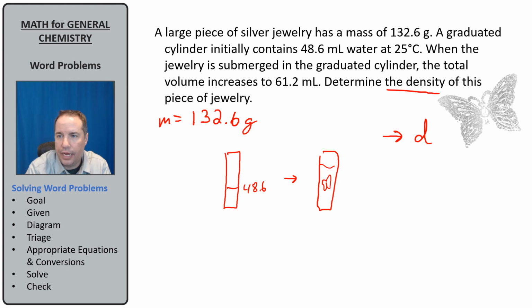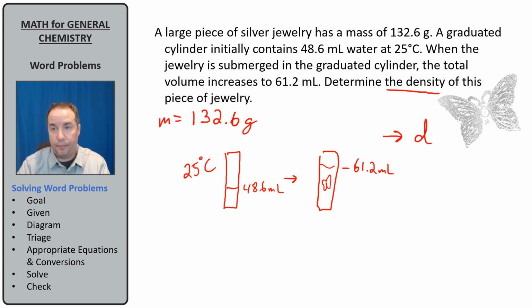There's our jewelry, right? And the volume increased to 61.2 ml. And what else do we know? We know 25 degrees Celsius. That's the temperature of the water. All right, so that's what we have.